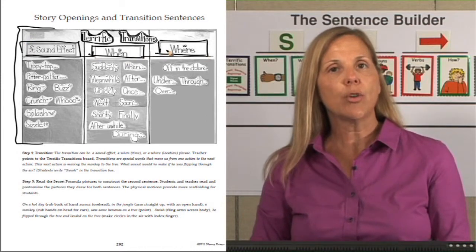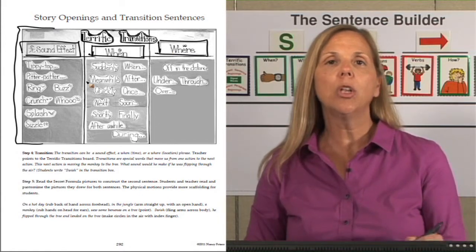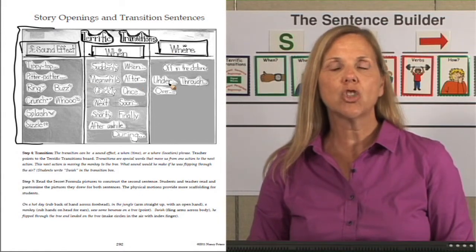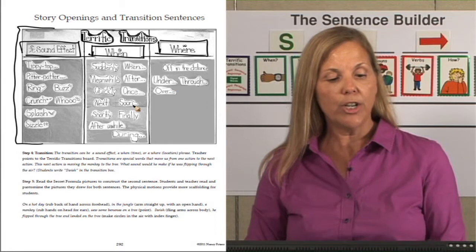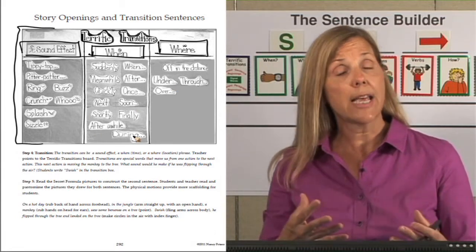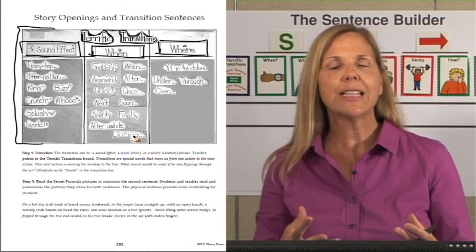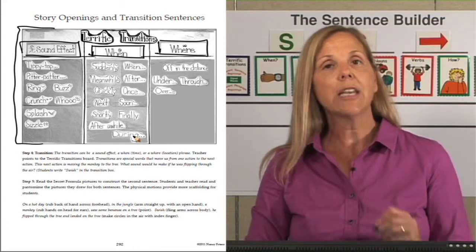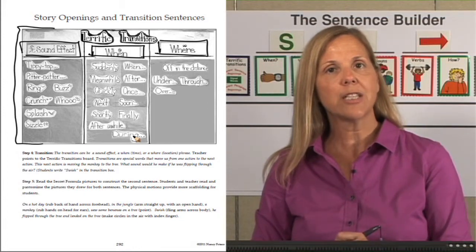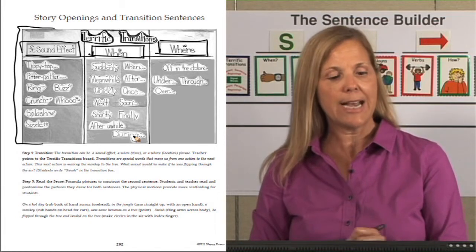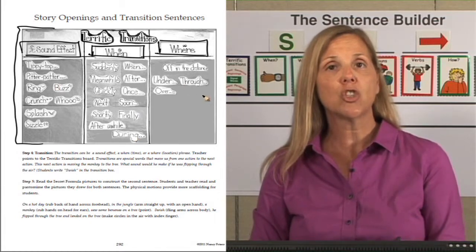This is a chart that you can hang in your room and slowly add words to this chart as the year goes on. Where do you get these words? From stories that the children have been reading, from movie scripts that you've been presenting in your classroom. You can take those different types of transitions from those different types of texts and put them up on this chart.